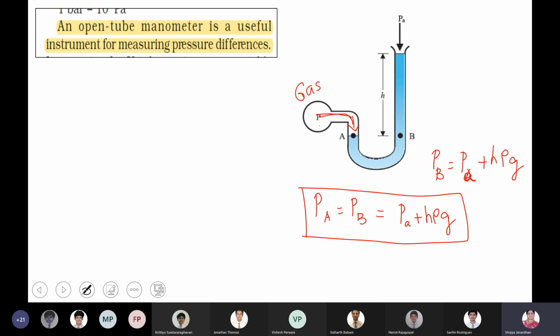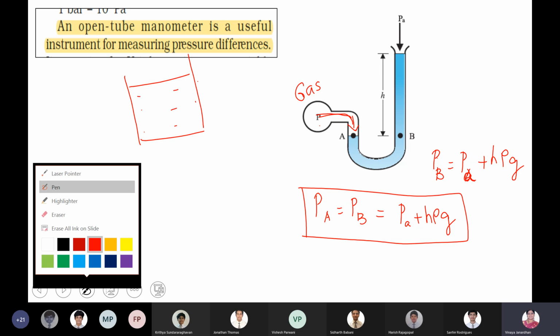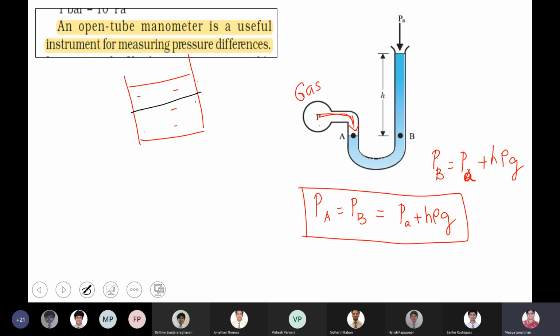One more thing you should always understand: in the case of a static liquid, meaning the liquid is not in motion, suppose I take a horizontal line. Now, at point A and at point B along the same line, the pressure will be the same.